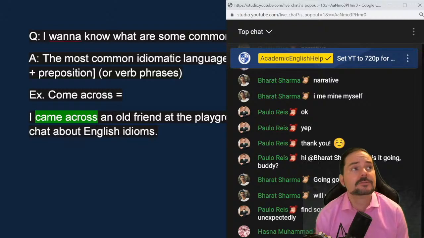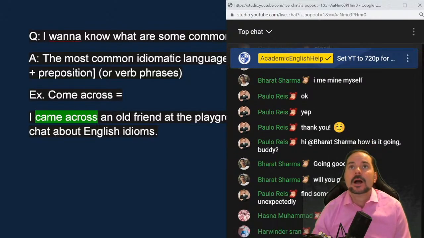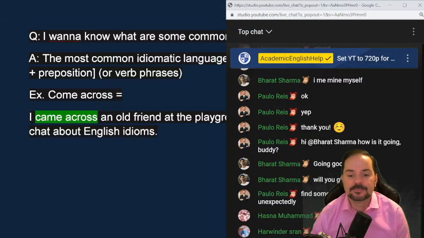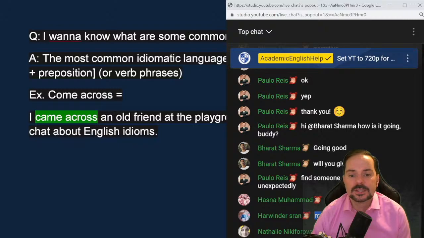So most phrasal verbs have a single verb match, and that's why they're called idiomatic language, because they're not the actual accurate verb, okay? It starts with an E, everyone. When you meet someone unexpectedly, Natalie, or you see someone unexpectedly, Paulo, there's a word for that.